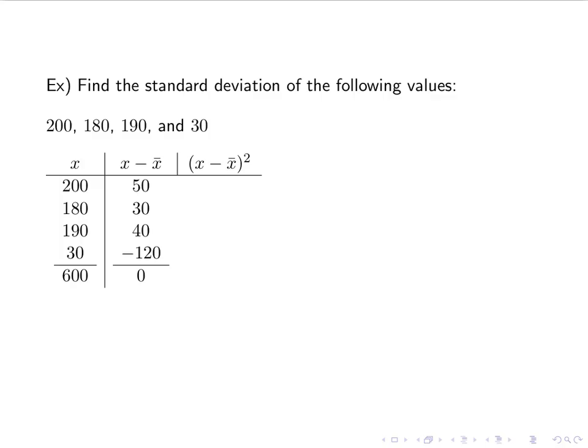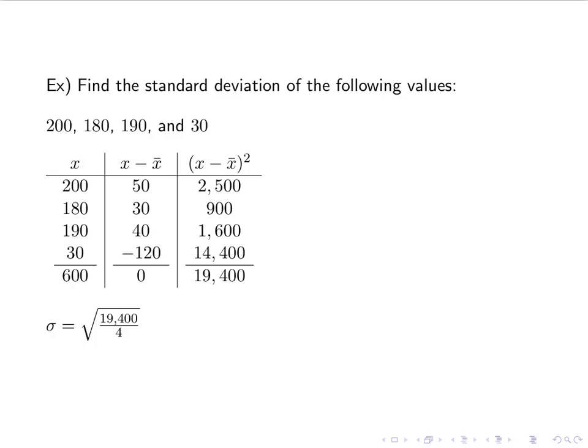So then we will start squaring those numbers, and those numbers squared are going to be fairly big, right? 50 squared is 2,500, 30 squared is 900, 40 squared, and 120 squared. So we can see these values here are getting really big really fast in this case. We add them all up, we get 19,400.